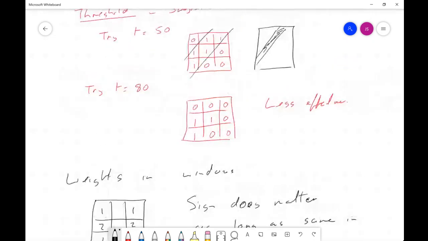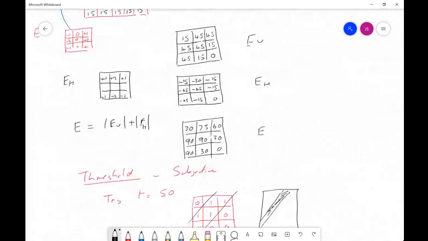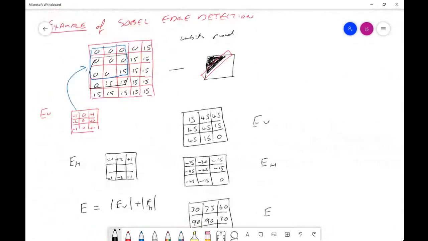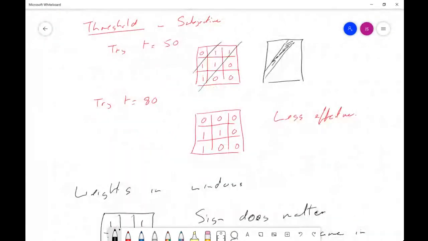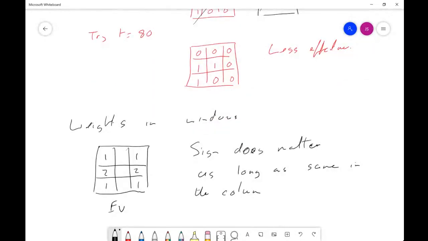It will still detect the edges because we are either using the square or the modulus when we combine them. Well, there we use the modulus. The sign doesn't matter. So we will bring out the edge strength, but what you can't do is mix the pluses and the minuses there. So this would equally be a valid edge detector.